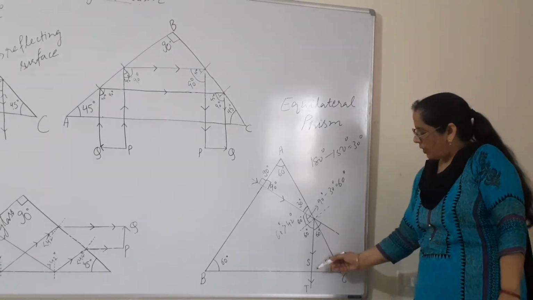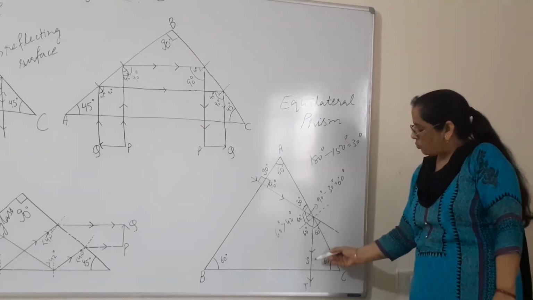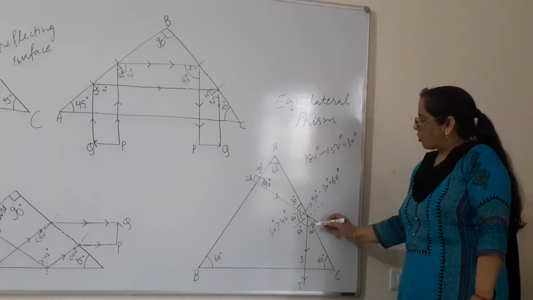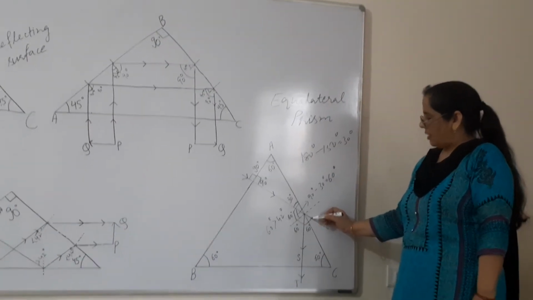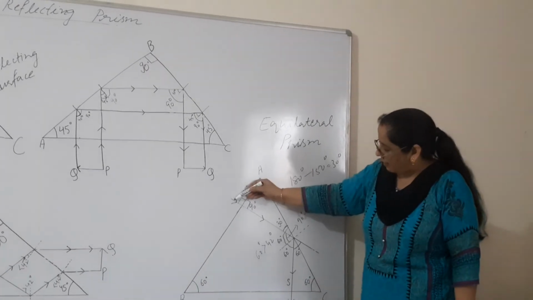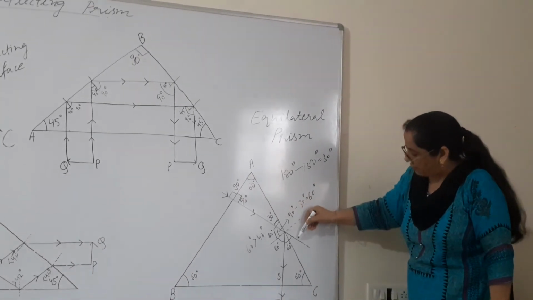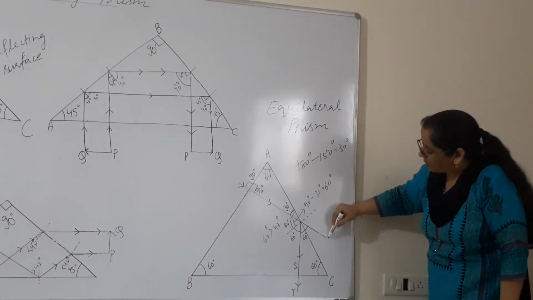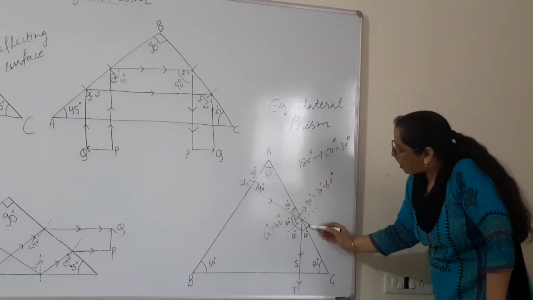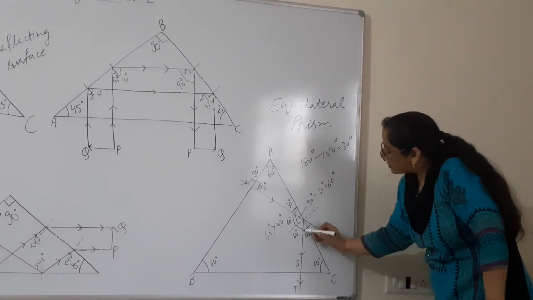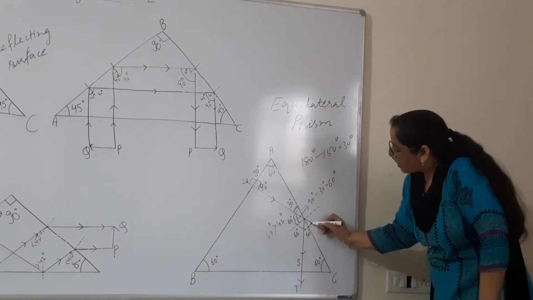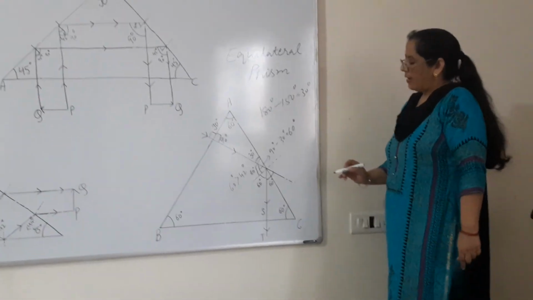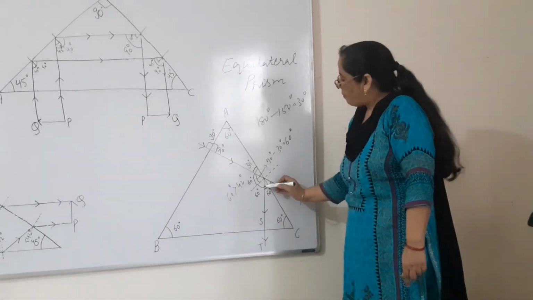So here, it is going normally, so it has to go undeviated. Now, if they ask you how much total deviation is there, for that the ray must actually come in the straight way. This is the ray, and actually it must come in this way, but it has got deviated by this much angle. It has turned its way by this angle. So how will we find how much angle there is?